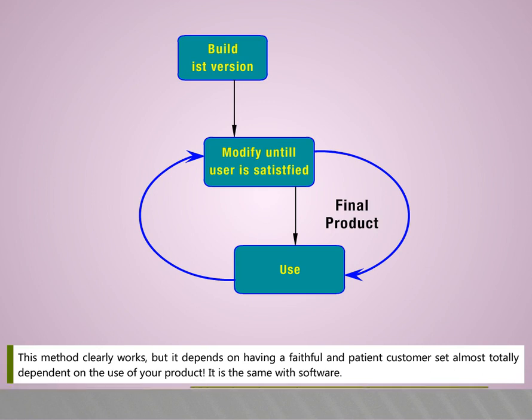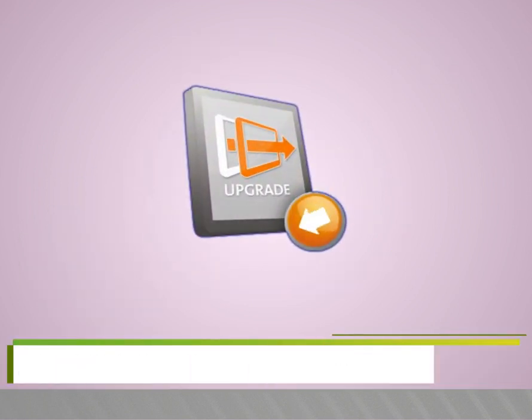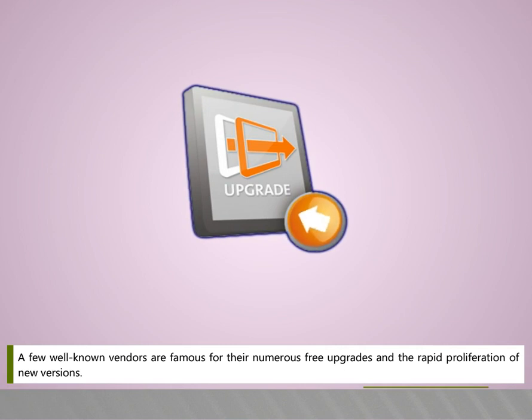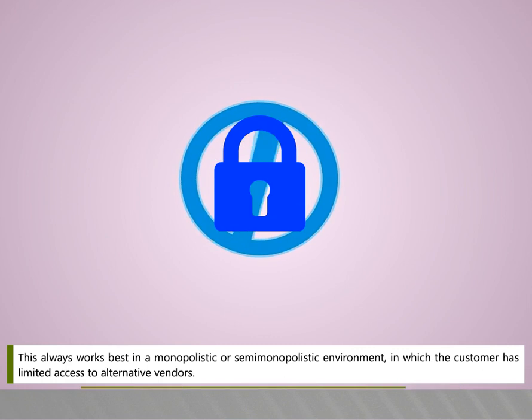It is the same with software. A few well-known vendors are famous for their numerous free upgrades and the rapid proliferation of new versions. This always works best in a monopolistic or semi-monopolistic environment in which the customer has limited access to alternative vendors.